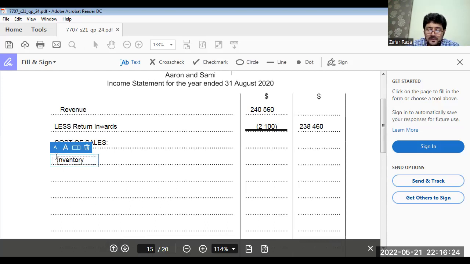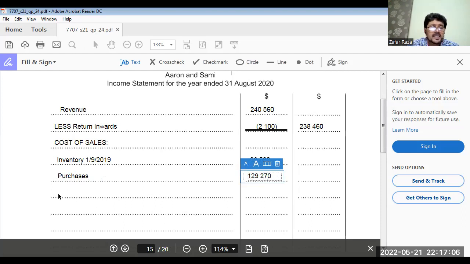Inventory September, how much? 36,500. Now purchases, 129,270.